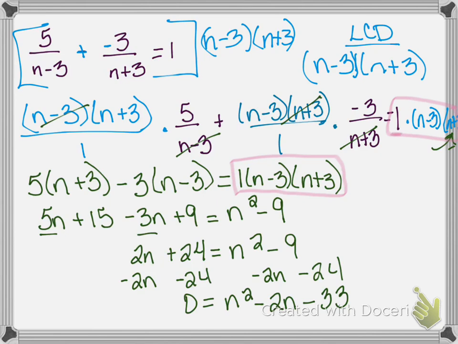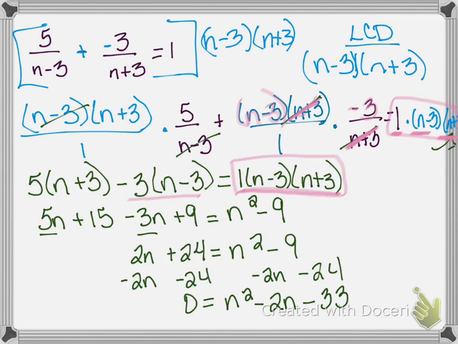Okay, so up here it's 1 times n minus 3 and n plus 3. And so then I rewrote that right here. The one that got canceled is here. N plus 3 and n plus 3 with the negative 3. Okay, so this negative 3 and this n minus 3, that's right here. Good? Okay, can I erase?